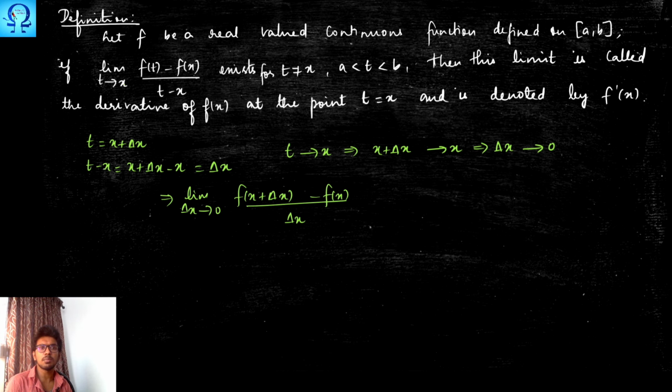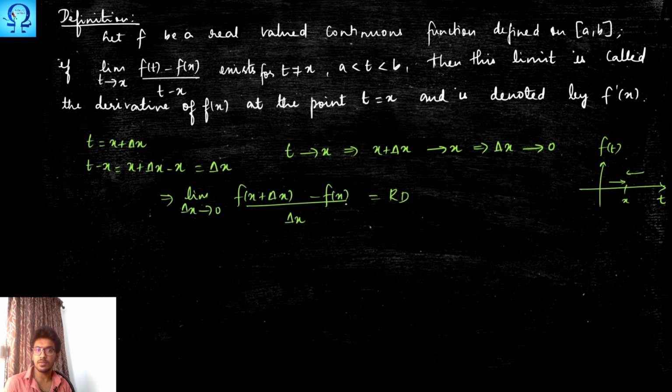Here t approaches x, and we are talking about real valued functions. So if this is my x, this is the t axis and this is f of t. My t may approach either from the left or from the right. So these two things may happen. The limit from the right we call the right hand limit, or simply the right derivative.